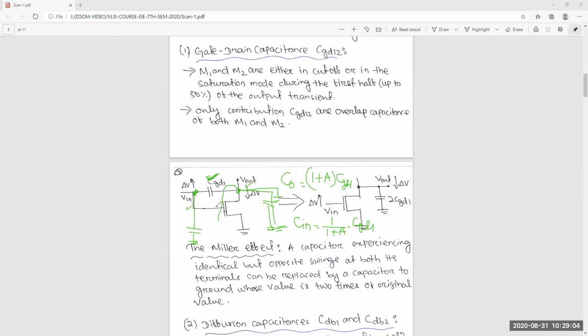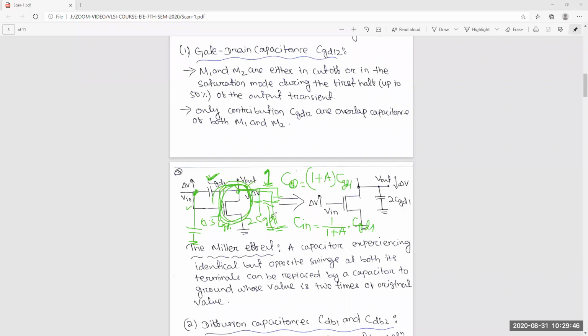Here in digital, in large signal mode, the gain of this inverter is actually 1. Whatever input we give, that output we get. So C0 is equal to 2 CGD1, and C in is 1 by 2, which is 0.5 CGD1.